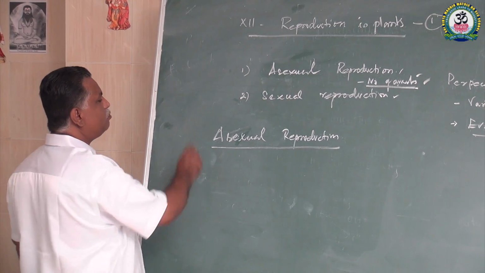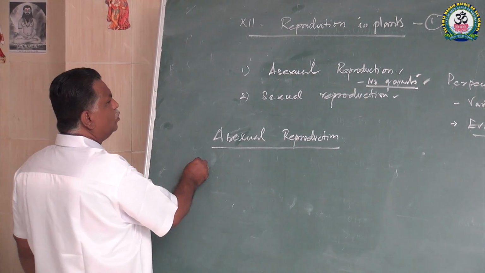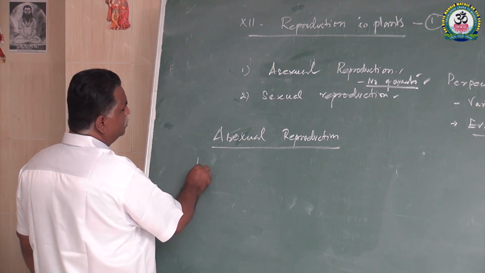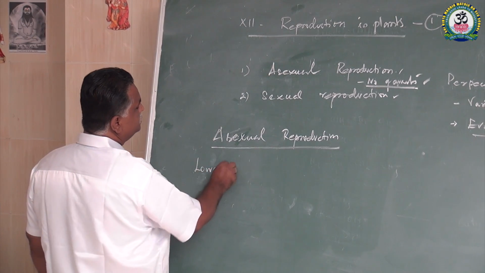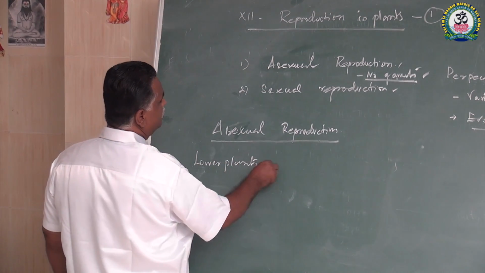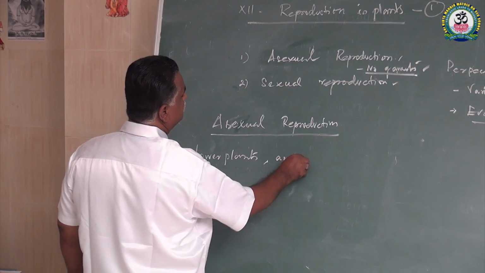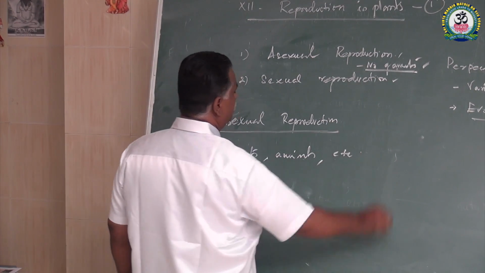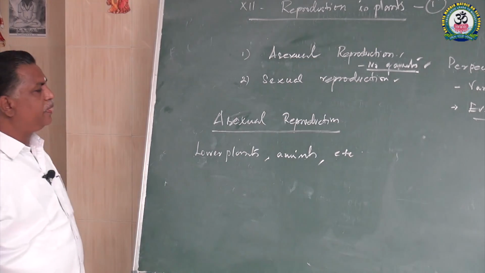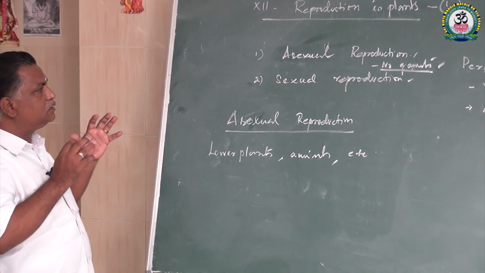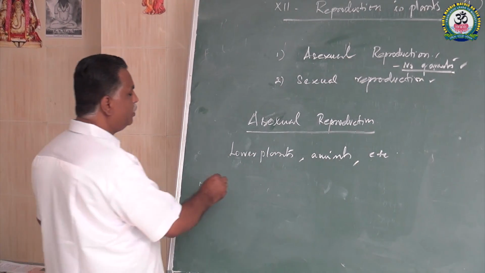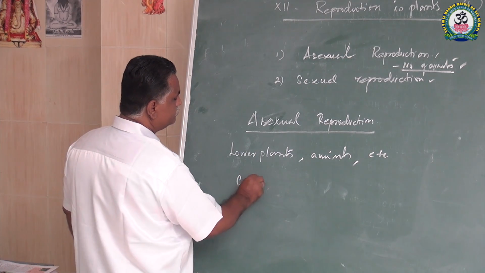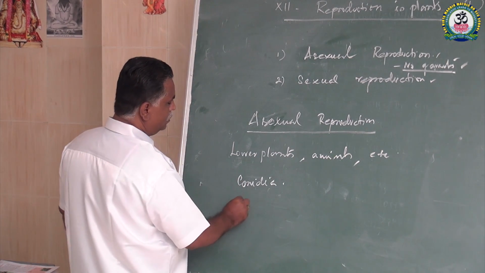In asexual reproduction, lower organisms, lower plants, animals, microorganisms, etc., produce certain special asexual structures like conidia, gemma.